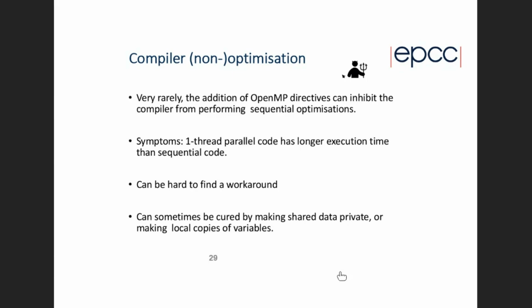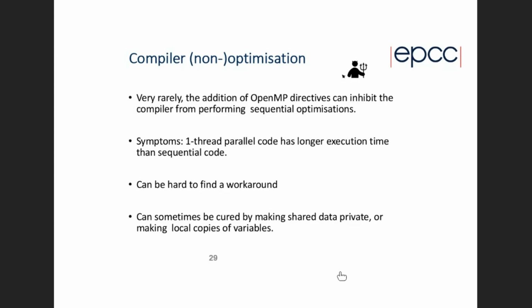So it's pretty rare these days, but just so that you're aware that once in a lifetime this could trip you up. It can be pretty hard to find a workaround because it's hard to work out what's really gone wrong. But sometimes it can be cured by fairly innocuous looking changes to the code, or things like making some shared data private, or making local copies of variables.